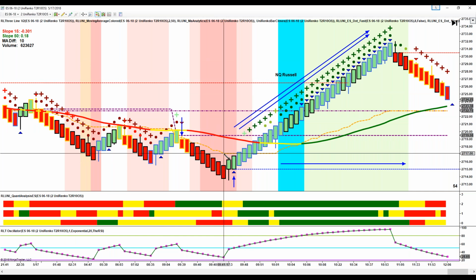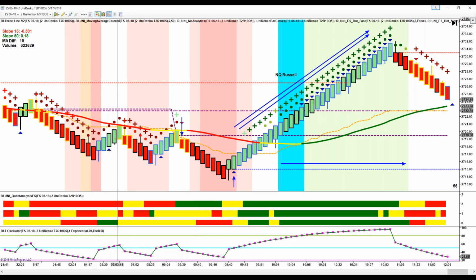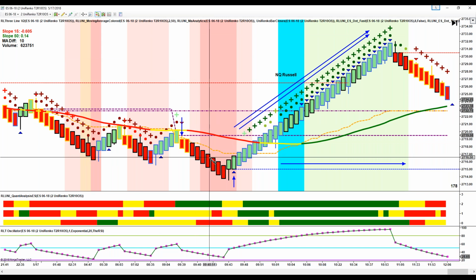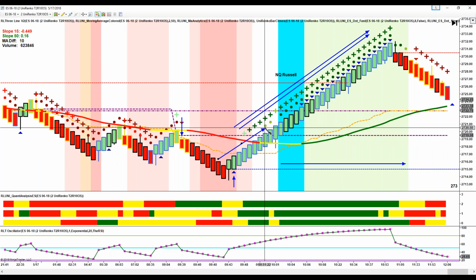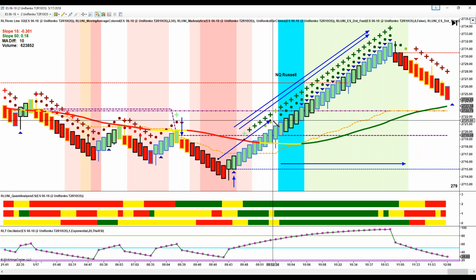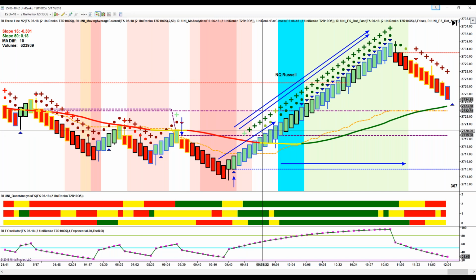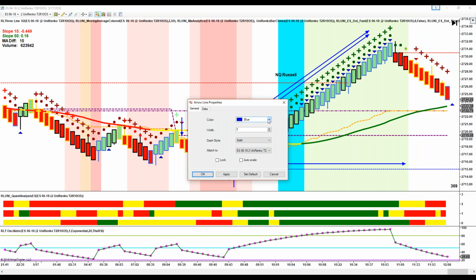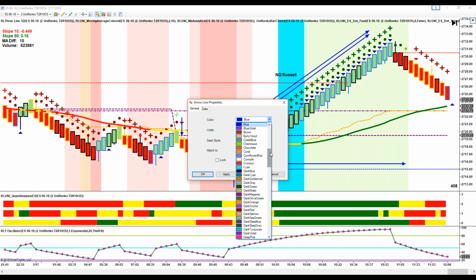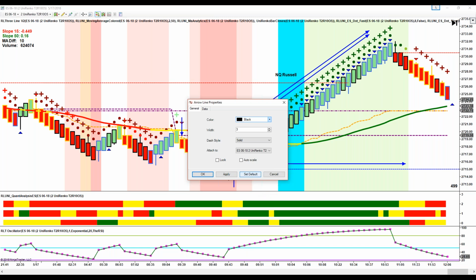And this is just what I was talking about. Price, whoops, sorry, it's the wrong one. Price comes through right here. And then what do we look for when price comes through? I'm going to set this to black as a default so you can see it easily through the colors. Set default as black.